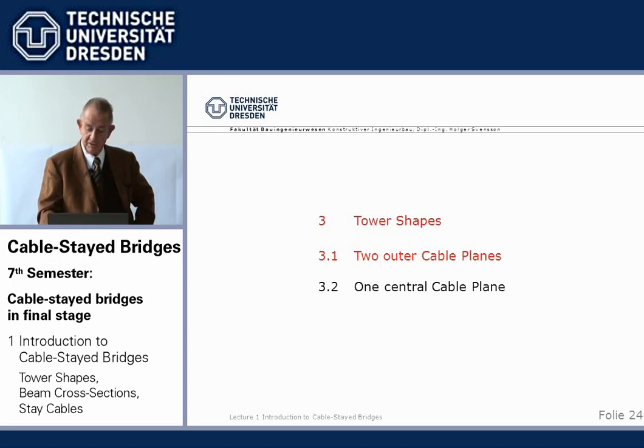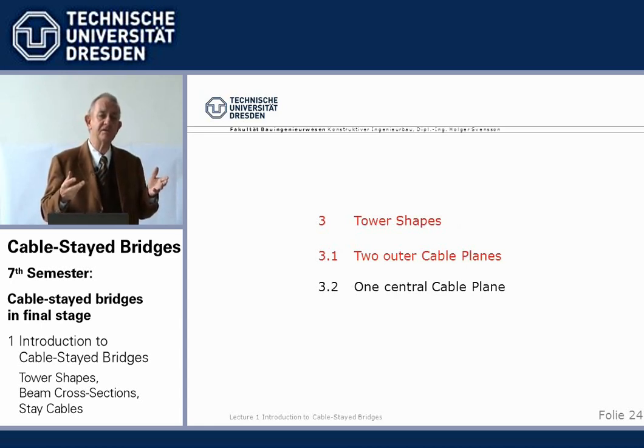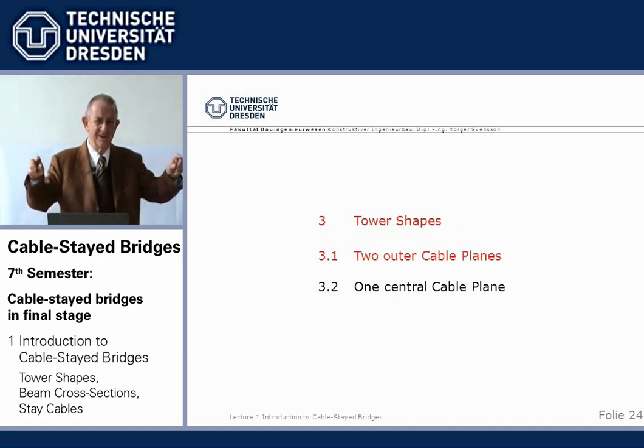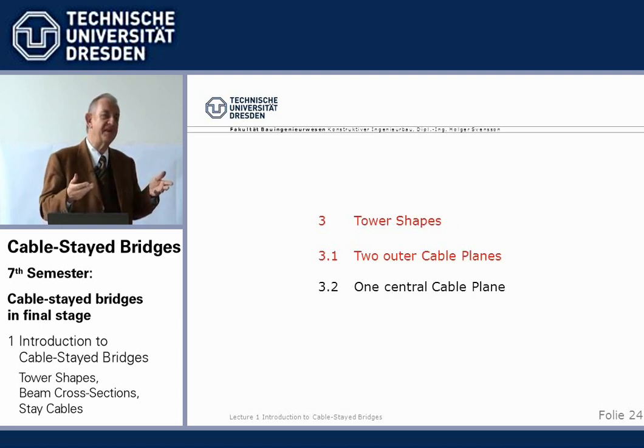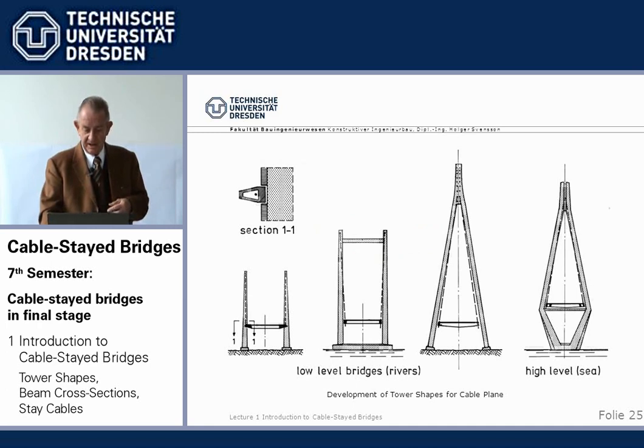Those are the towers, which to a large extent, with the stay cables, give the aesthetic appearance of a cable-stayed bridge. The beam is more or less similar and stay cables should be fine. They are also similar in the two shapes. Now the towers distinguish cable-stayed bridges from one another.